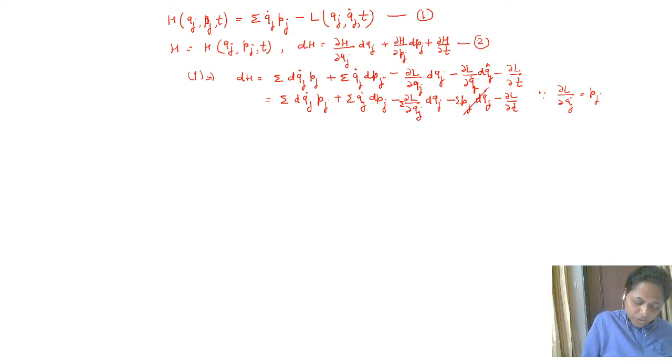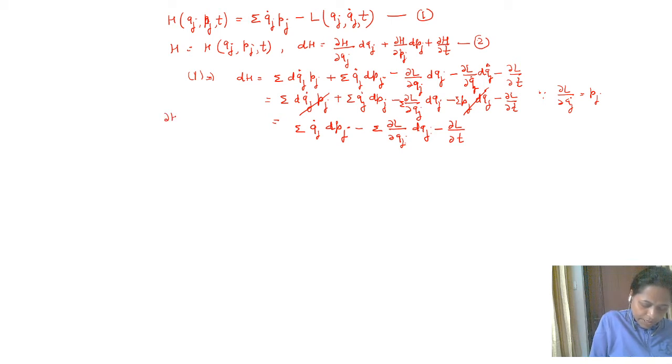Now this Pj dQj dot is cancelled and we are left with Qj dot dPj minus summation delta L delta Qj dQj minus delta L delta T dt, and in the left hand side you may write from 2, delta H delta Qj dQj plus delta H delta Pj dPj plus delta H delta T dt.